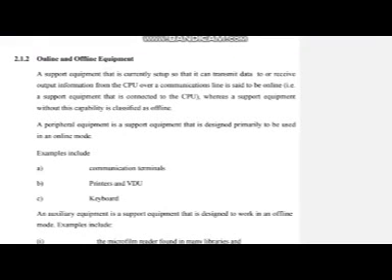Now let's talk about the online and offline equipment. Anytime you hear the word online or offline, just have it at the back of your mind that these are systems or operations.